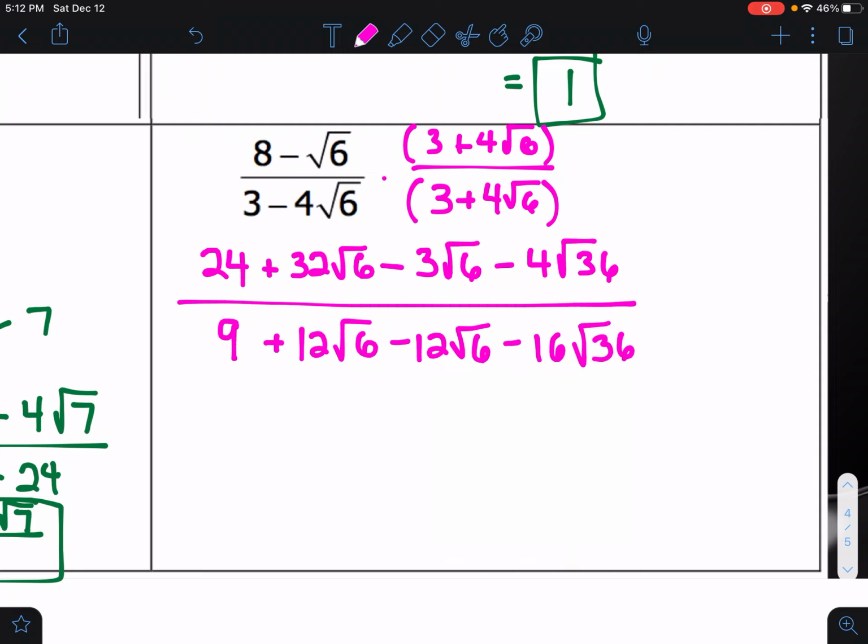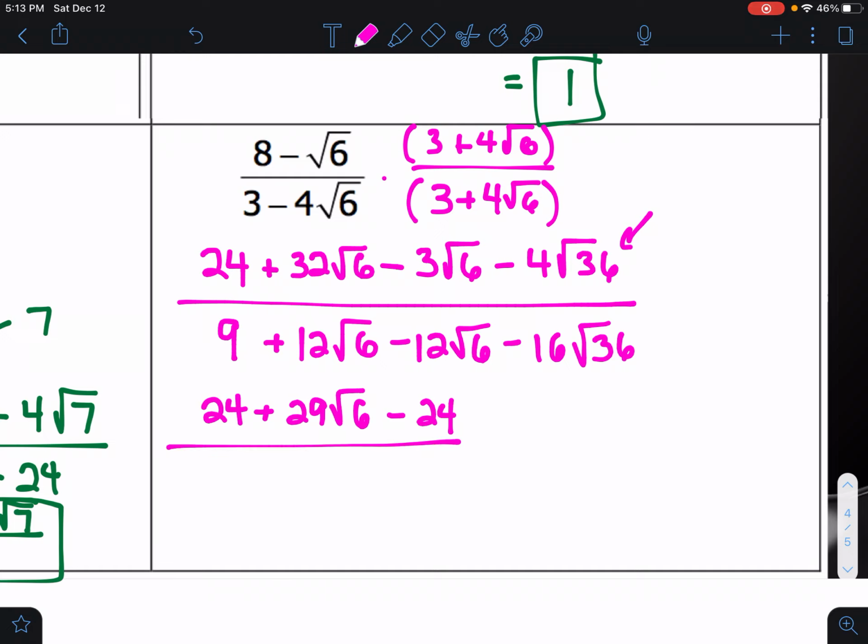Okay. So now let's simplify. The top here we would combine the middle. That would be 29 root 6. And then this is 6. So 4 times 6 is 24. So minus 24. Okay.